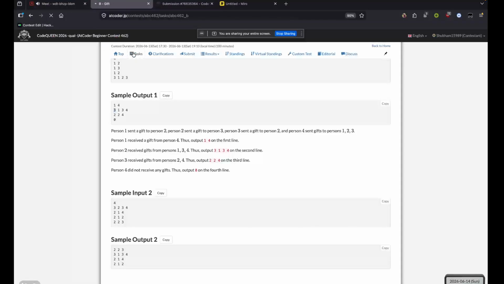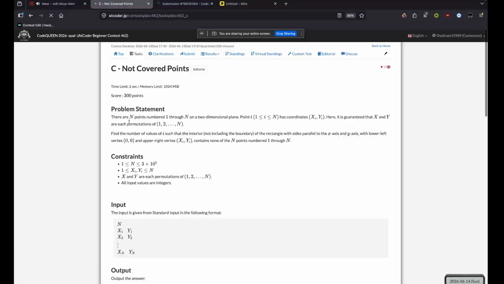So let's move to the third question. There are n points numbered 1 through n on a two-dimensional plane. Point i has coordinates xi, yi. Here it is guaranteed that x and y are each permutations of 1 to n.